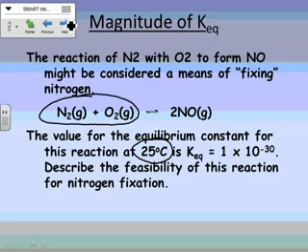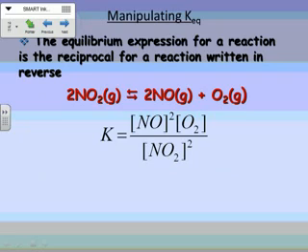So the feasibility of this reaction for nitrogen fixation, if you want to produce NO, this is not a good way to do it. Okay? At 25 degrees Celsius, this reaction is not going to happen very quickly. Now there are things we can do, like change the pressure, change the temperature, that can force the equilibrium more towards the product side. But as this reaction is written at 25 degrees, this is not a good way to produce nitrogen monoxide. Okay?